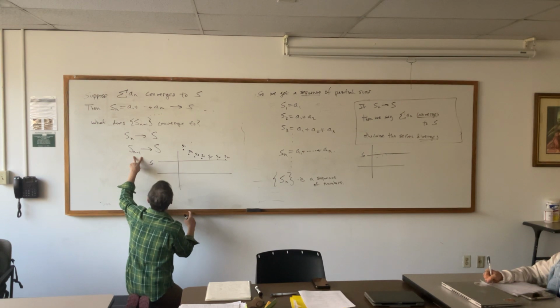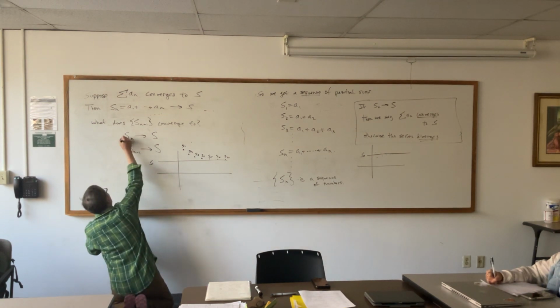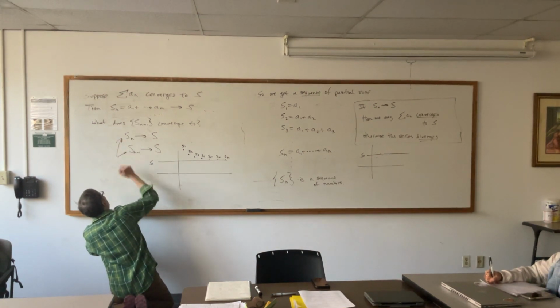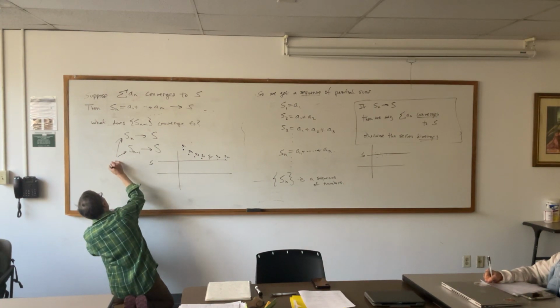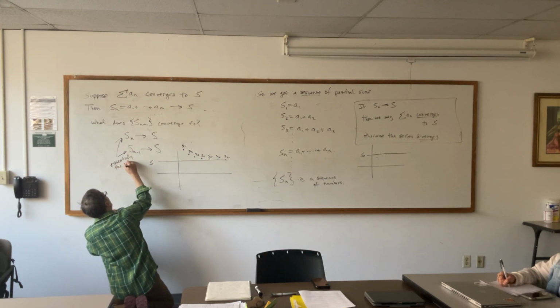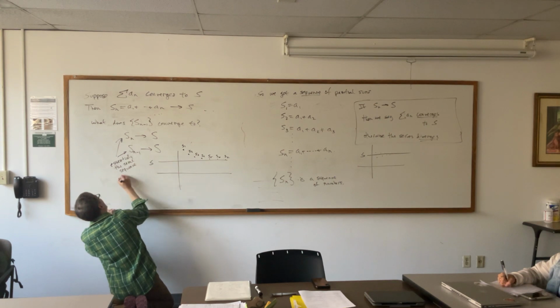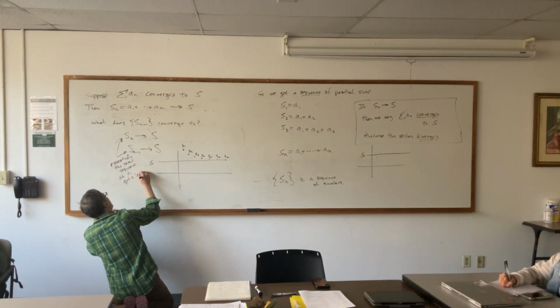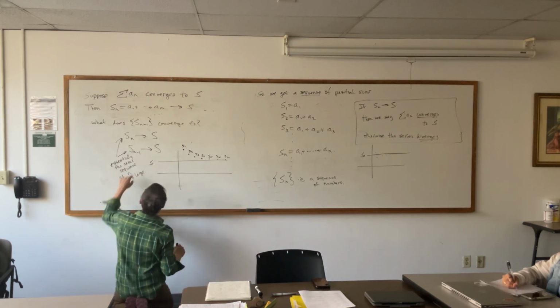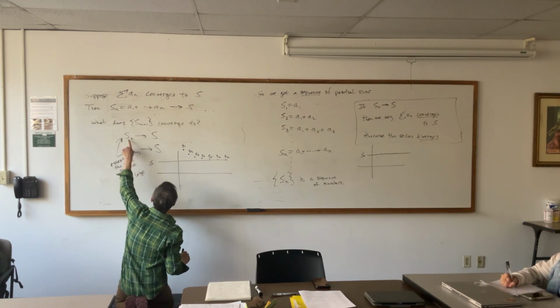That's about it. I'm happy to talk about this if that doesn't make sense. These are essentially the same sequence as n gets large. This one's just missing one thing in front.